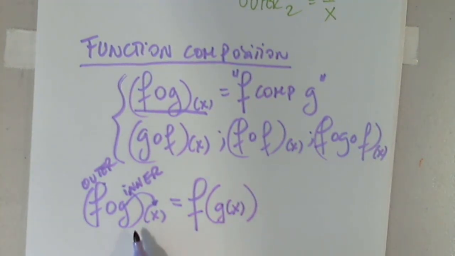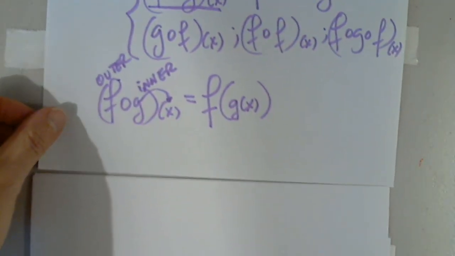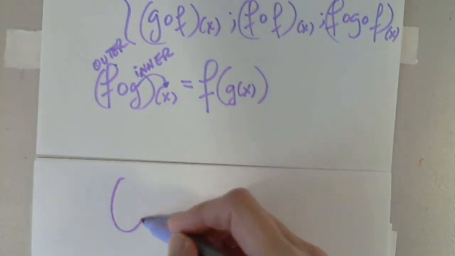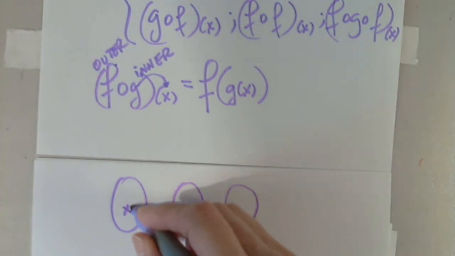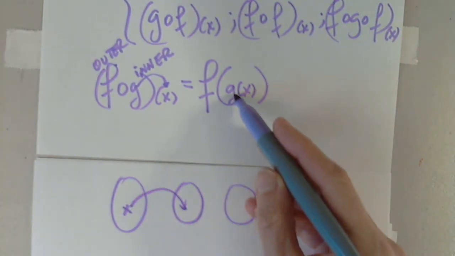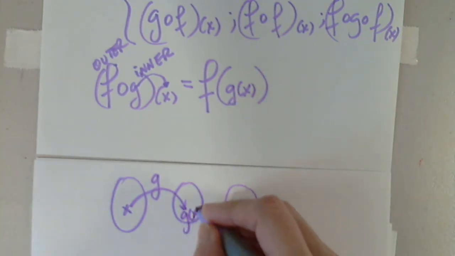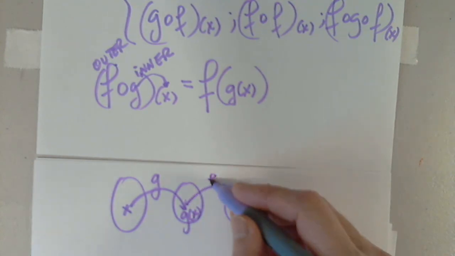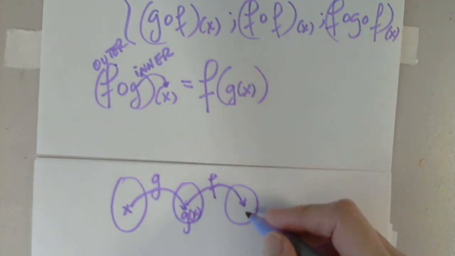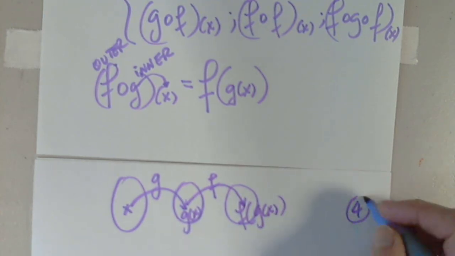So f comp g is the same as f of g of x. To explain further how this is created is very simple. To x, we apply function g. That's the first function I apply, the inner. And I get a number, g of x, whatever, but it's a number. And I apply now f to it, which is the outer, to get f of g of x. That's how it works.